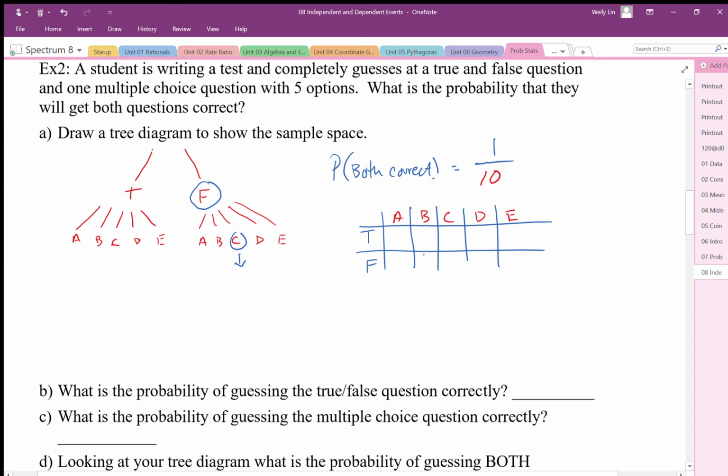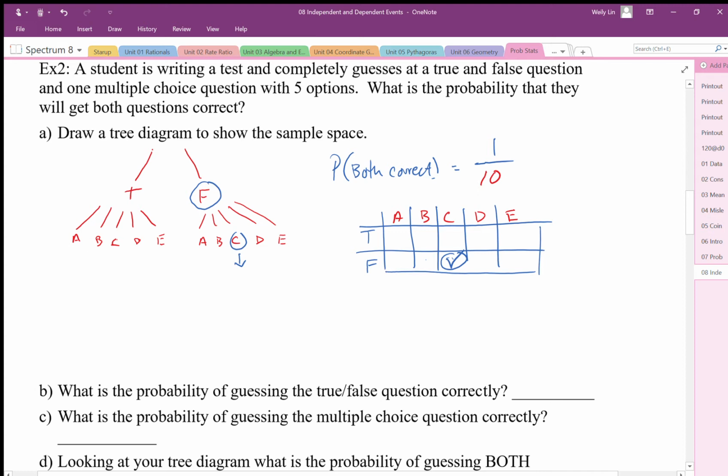So our question of both questions correct is just that one there. We just arbitrarily said it was false and C was correct. So 1 out of the sample space, which shows 10 options.